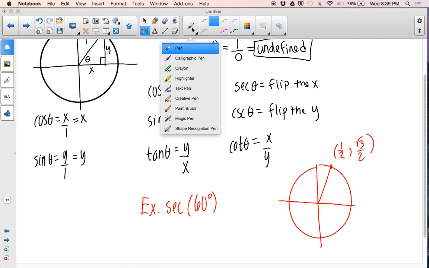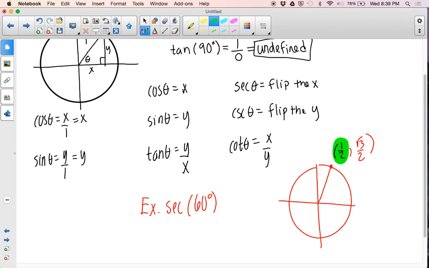Now secant is the reciprocal of cosine, so I'm going to take the cosine, the x, and flip it. Instead of 1/2, I get 2 over 1, because secant's the reciprocal of cosine. And that's all I mean when I say flip.